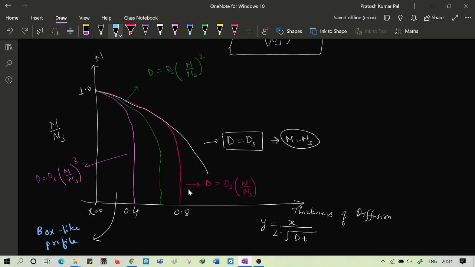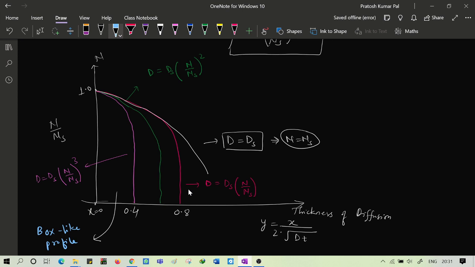So that means if the diffusion coefficient is a function of the dopant concentration, then the profile that we will get for the dopant concentration will be a box-like profile. In all the cases it will come out to be a box-like profile. This is the case when D has a relation with n divided by ns to the power 3.